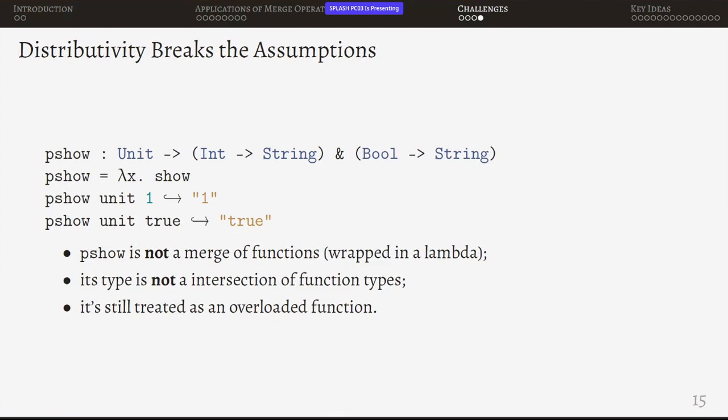We need to somehow normalize the type. If using your technique, we need to make some normalization to convert the type of function into a list of an intersection of function types. So the problem here is we have the distributivity, so we cannot assume it's the intersection of function types.